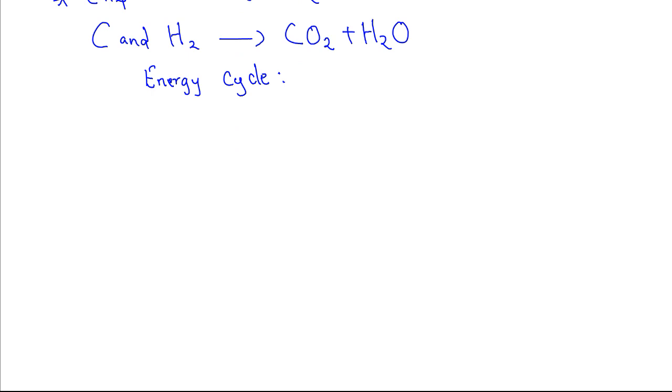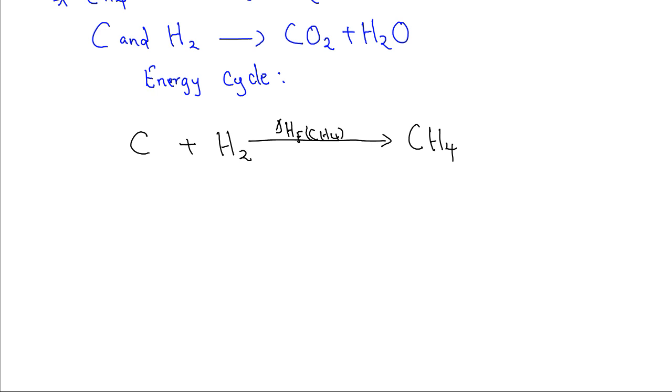So we have carbon plus hydrogen giving methane, CH4. This is delta H formation of methane. Carbon will burn in oxygen to give carbon dioxide gas.